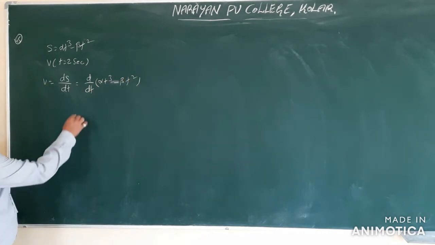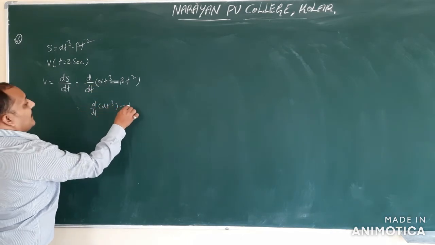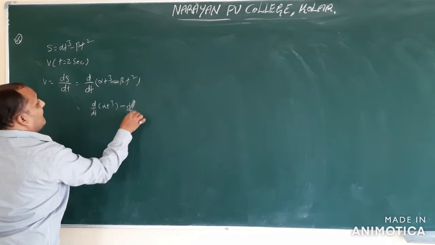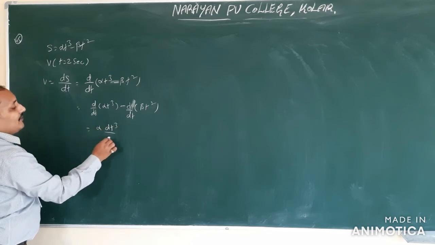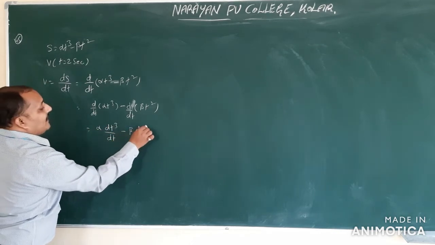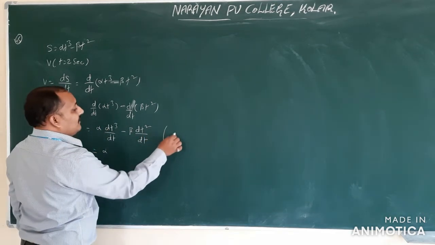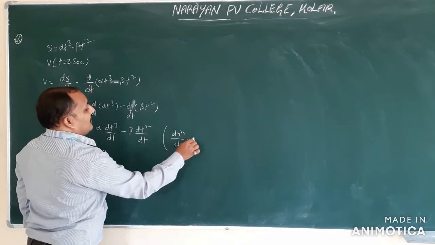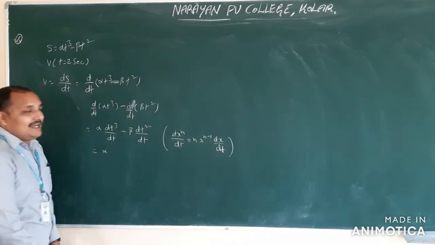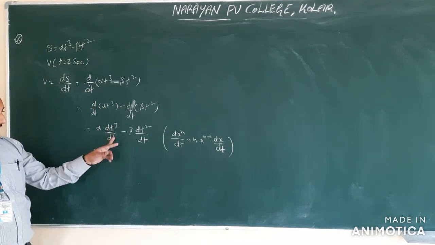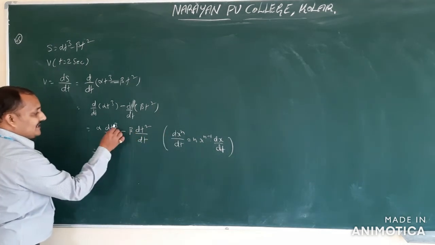Differentiate this one. Expand it: d by dt of alpha t cube minus d by dt of beta t square. Alpha you can write outside: alpha dt cube by dt minus beta dt square by dt. What is the formula? I think you might have forgotten. The derivative of x power n is n into x power n minus 1 into dx by dt. Here both are the same, t and t. Therefore dt by dt you will get 1. In place of n, how much is there? 3.